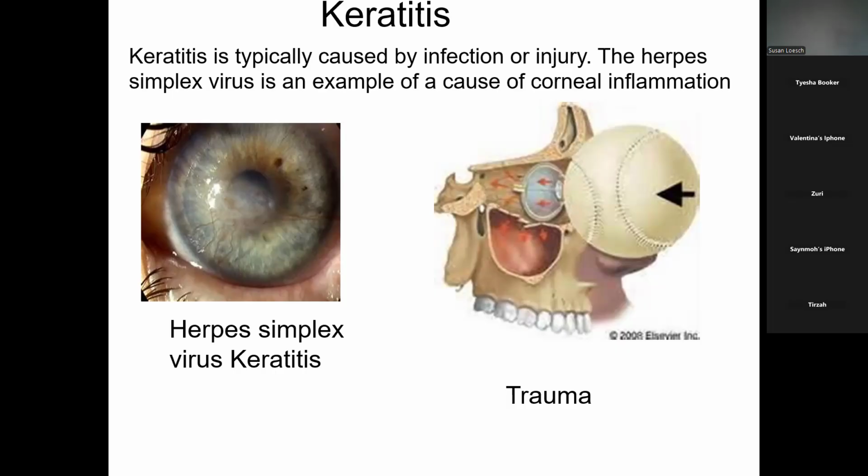Again, it's severely painful because the cornea has a lot of pain receptors. It can also be caused by HSV, but herpes simplex is one of the main causes. Trauma to the cornea also can cause loss here. Abrasions can develop from foreign bodies being caught under the eyelid, scratching the cornea.